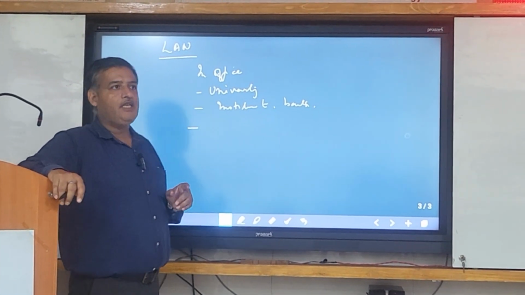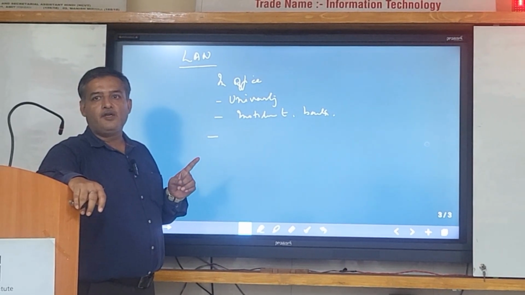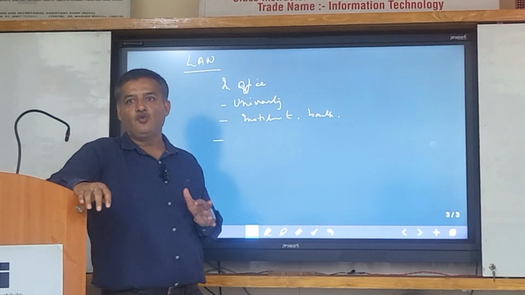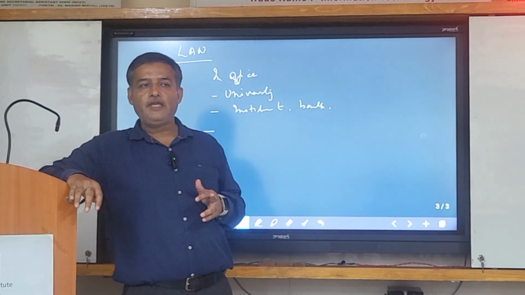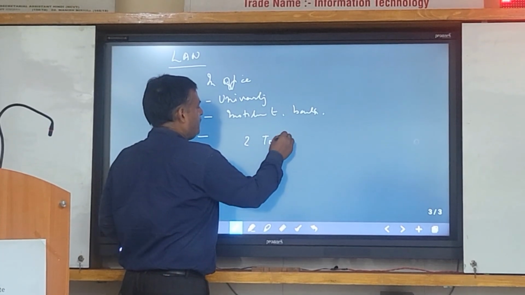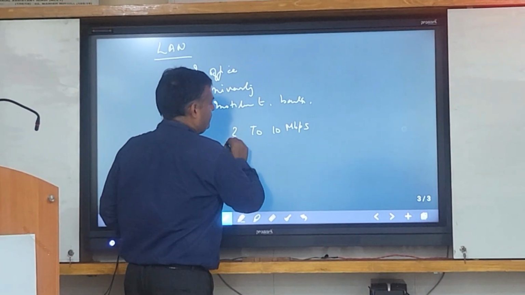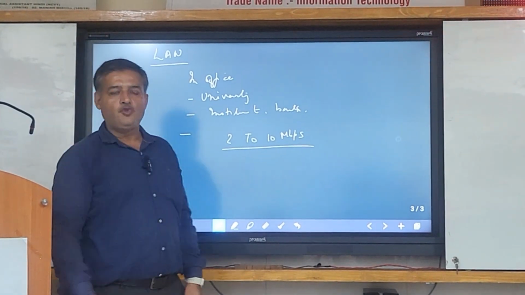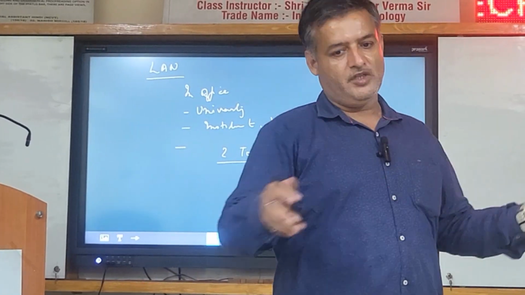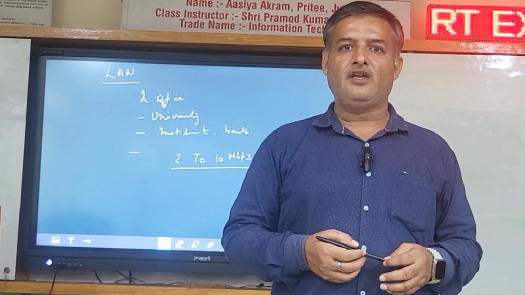And in basically LAN, the computers transmit the data between two computers at the rate of 2 to 10 Mbps speed. So in today's scenario, as you know, the cabling and all these things are there at your home.